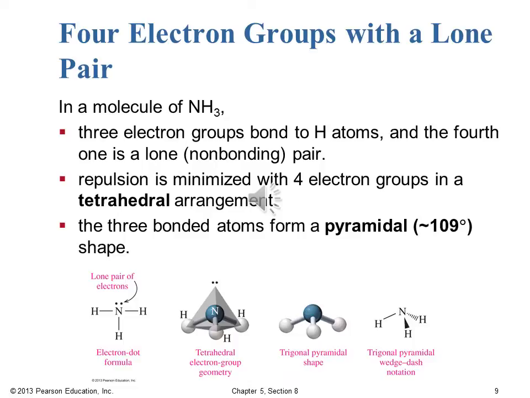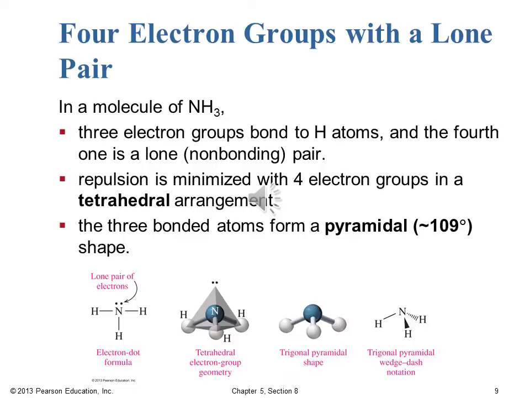So just like we had the trigonal arrangement with BF3, that was trigonal planar. This is still trigonal because it's NH3, but now we call it trigonal pyramidal because it's not all in one plane, like the planar case of BF3. The hydrogens and the nitrogen are actually in different planes, and it's a pyramidal geometry.